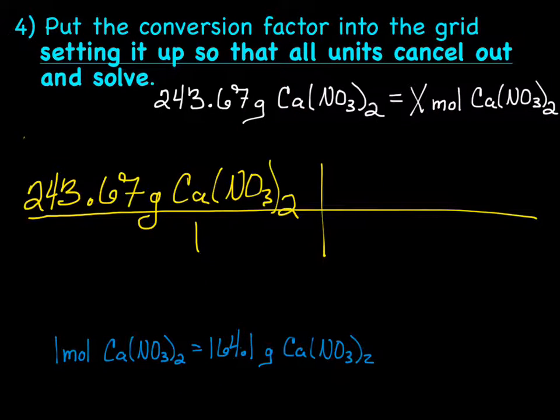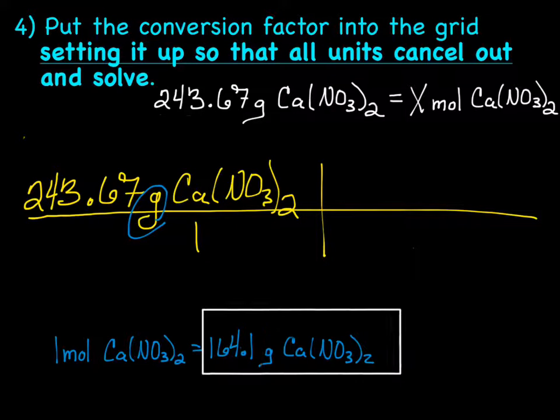All right, and step 4, put the conversion factor into the grid, setting it up so all the units cancel out, and then solve. So let's look at what units we have. At the top here, we have grams, which means we need to have at the bottom grams, which is this one.